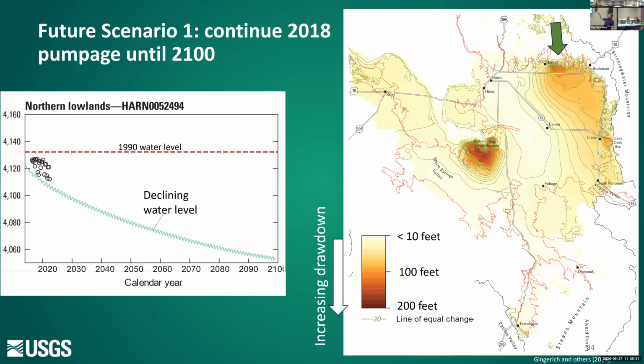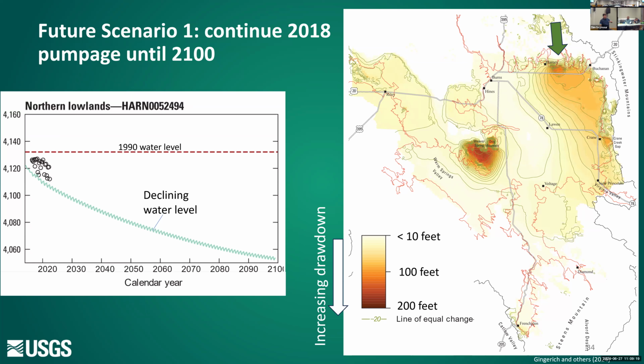And the map on the right just shows the contours. Again, these are 10-foot drawdown contours, and as expected, the Weaver Spring area draws down 200 feet or more as you continue pumpage, and close to 100 feet maybe in the north and some in different parts of Crane. So it just basically shows that water levels are going to keep going down.